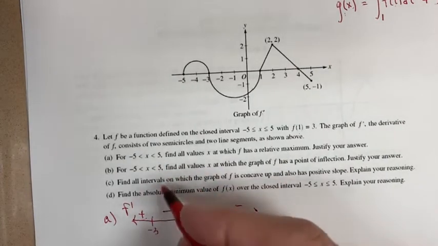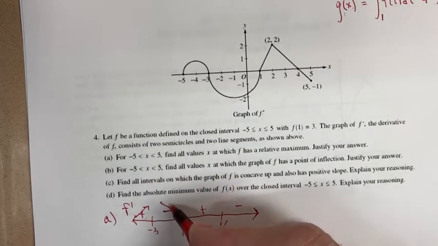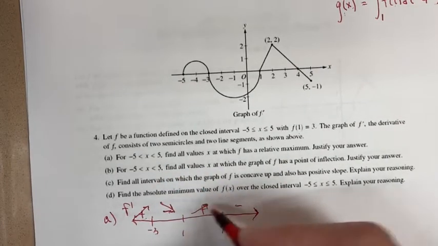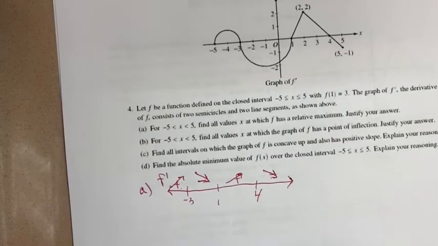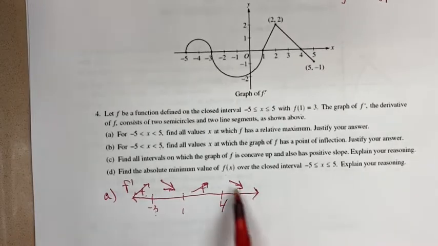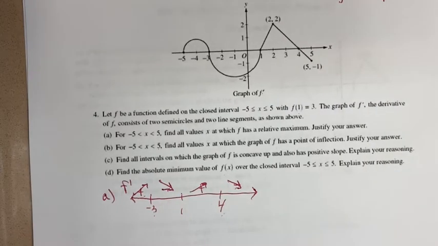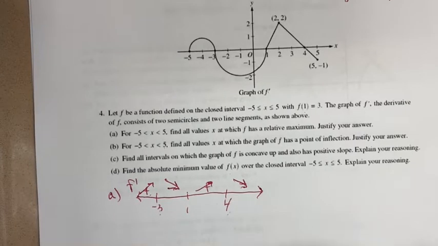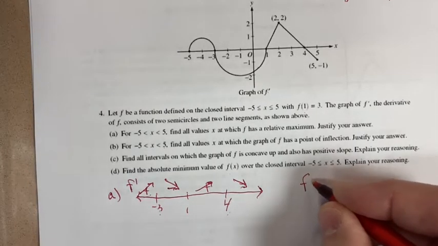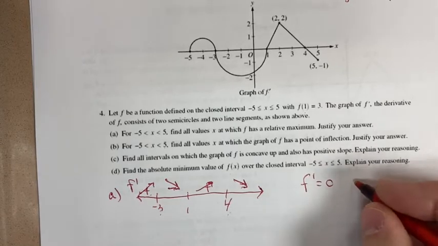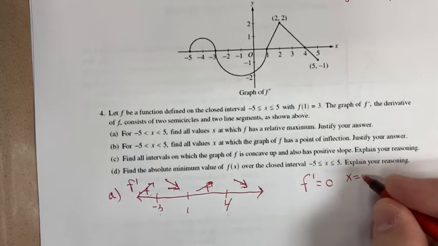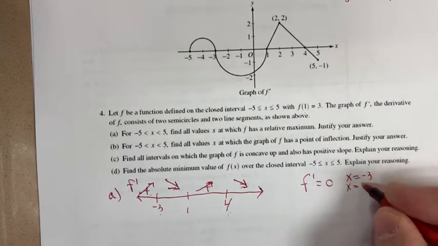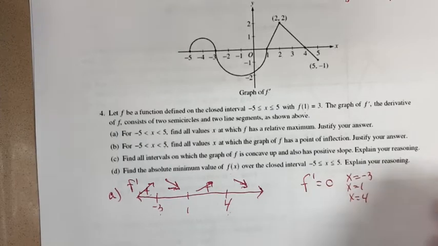So we know f increases, then decreases, then increases, then decreases. And then we can find the maximums, of course, at -3 and 4. So for relative extrema, we set f prime equal to 0. x is -3, x is 1, x is 4.